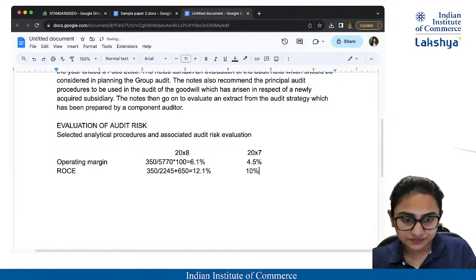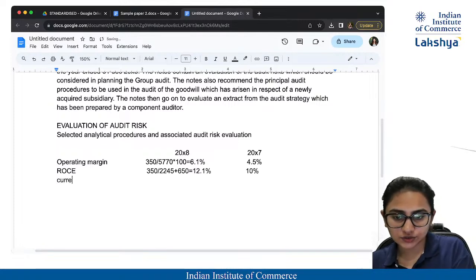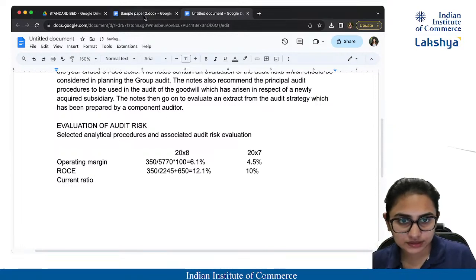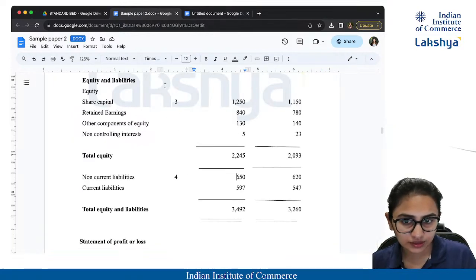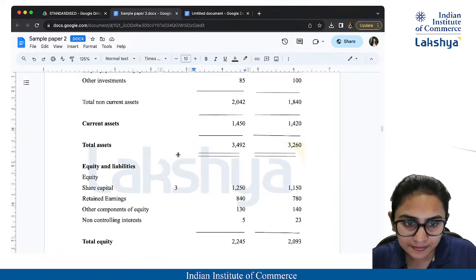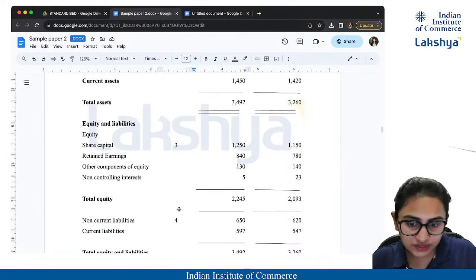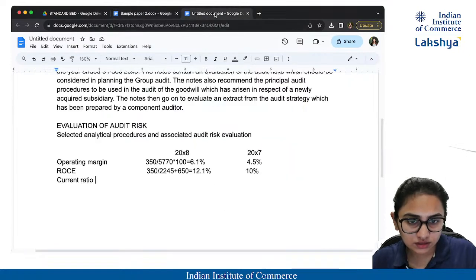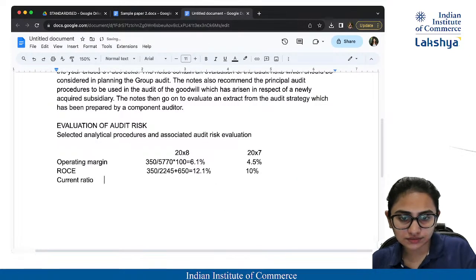Okay, then next we have to calculate the current ratio. Current ratio is what? Current assets upon current liabilities. So current ratio will be current assets 1450 divided by current liabilities 597.